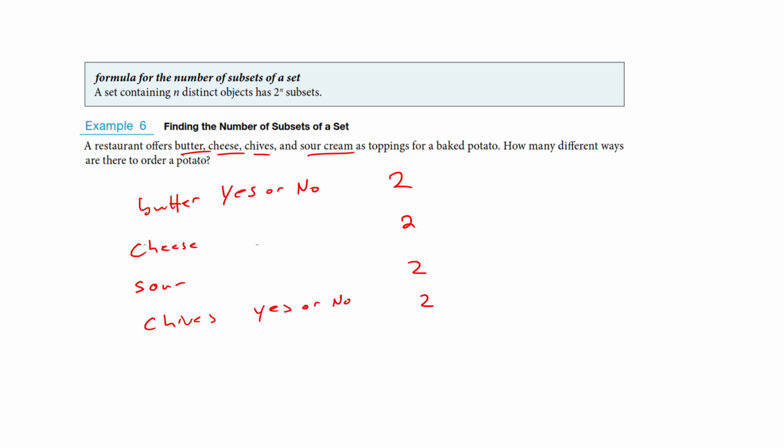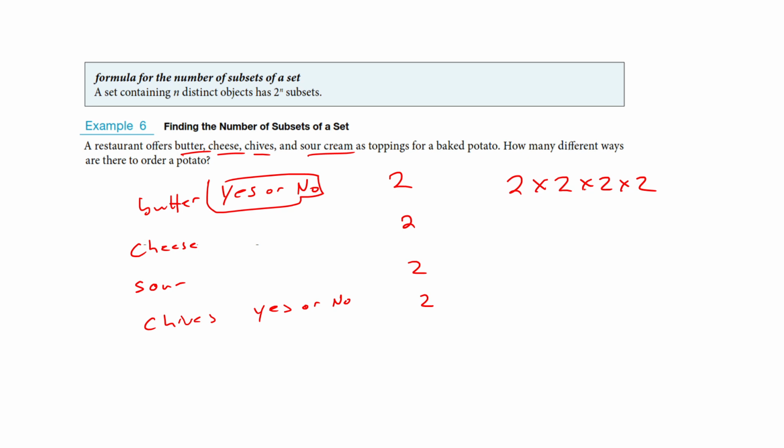So another way to think of this, how many different subsets could there be for topping a baked potato? What we're really doing here is simply asking the question each time. There are two choices for each one. So it's 2 times 2 times 2 times 2.